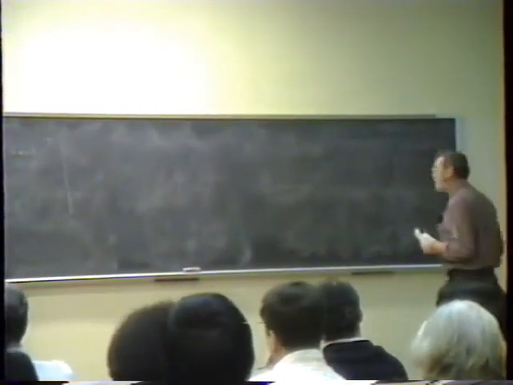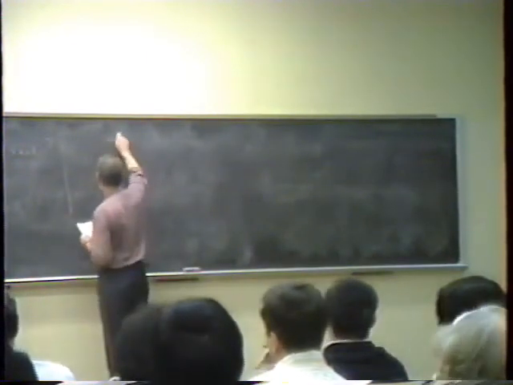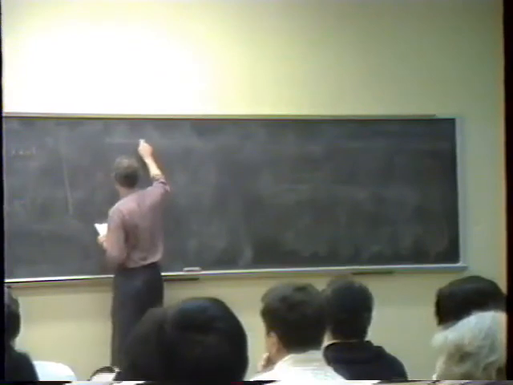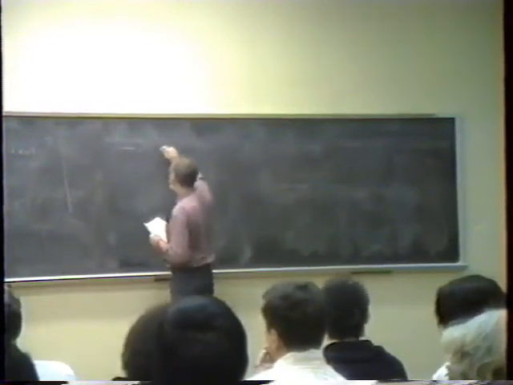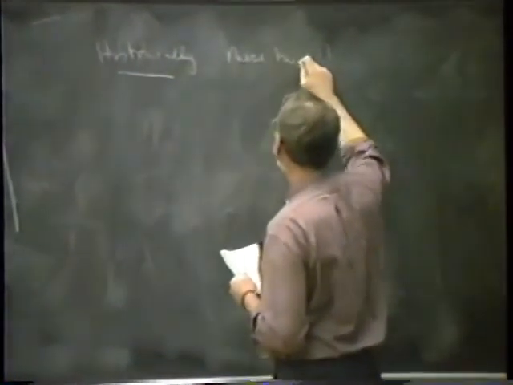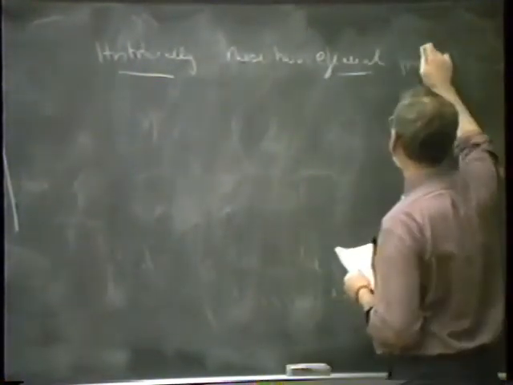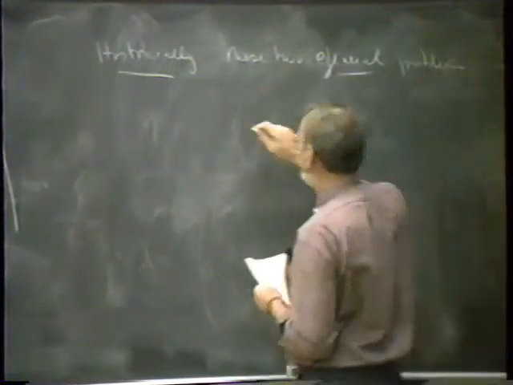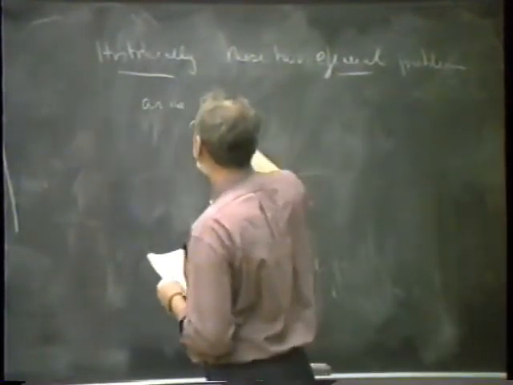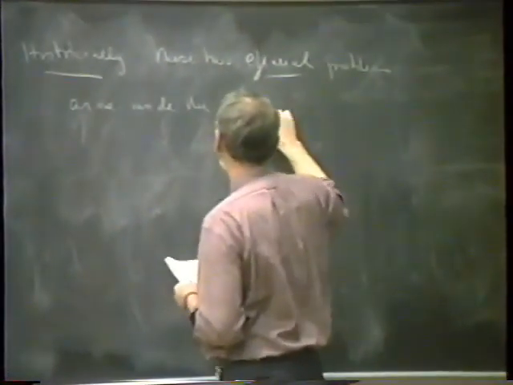Now, historically, they arose in a broader context. Historically, these two problems arose, I mean, this is not entirely true, but in a certain sense, these two general problems arose inside the theory of automorphic forms.